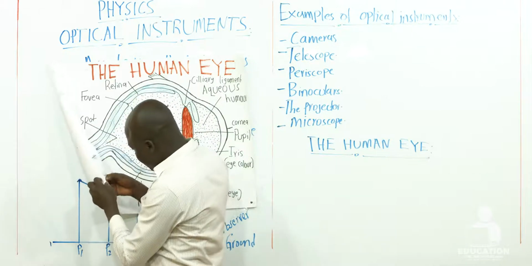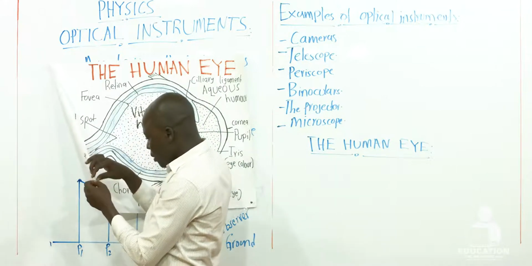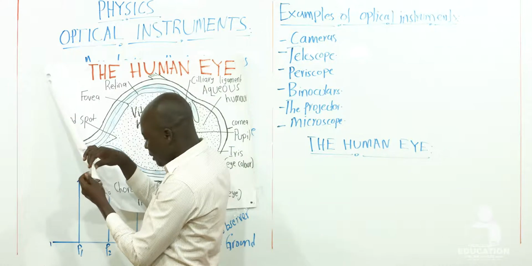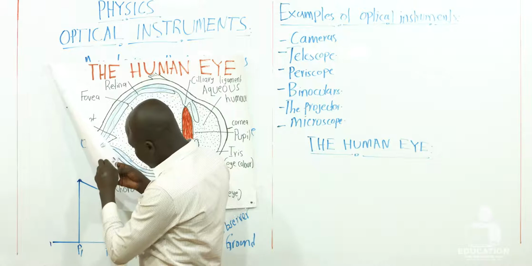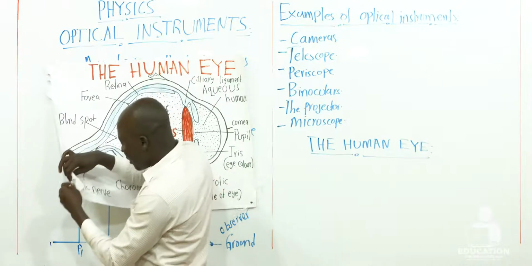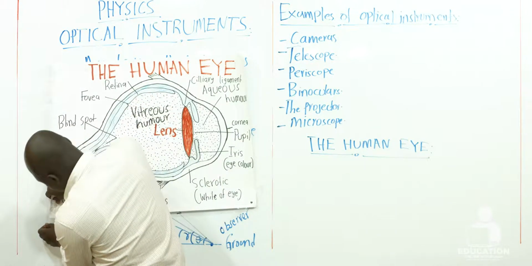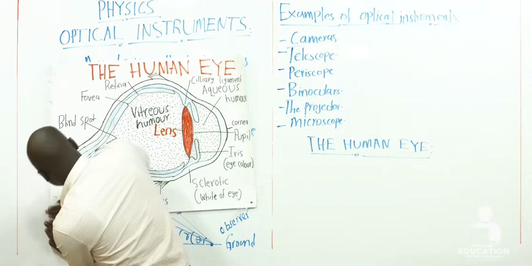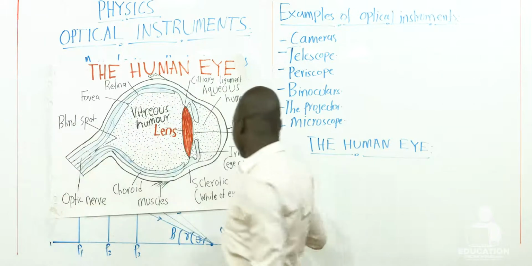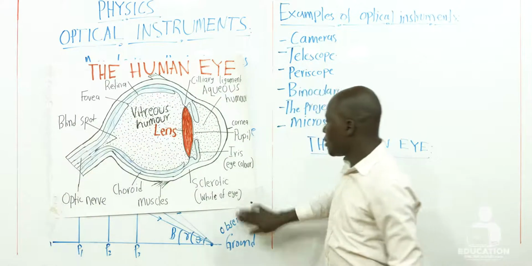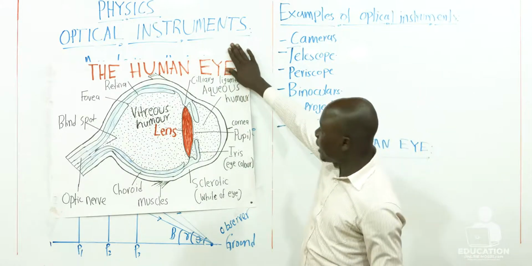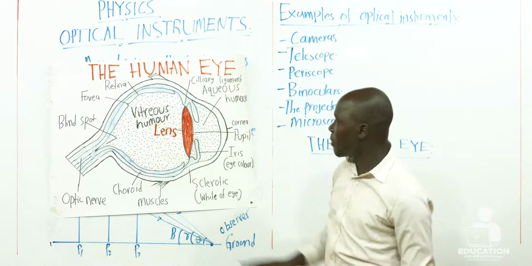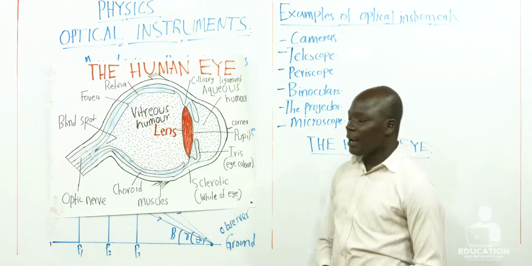So dear learners, let's take a look at this structure of the human eye. This is how the human eye appears. This is what we call the structure of the human eye.